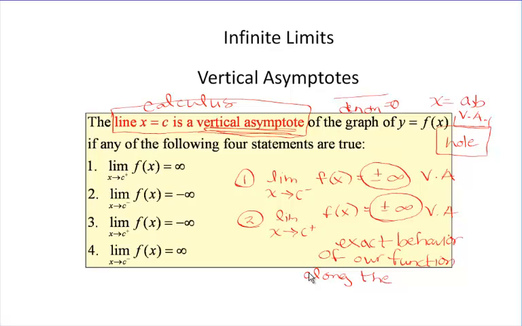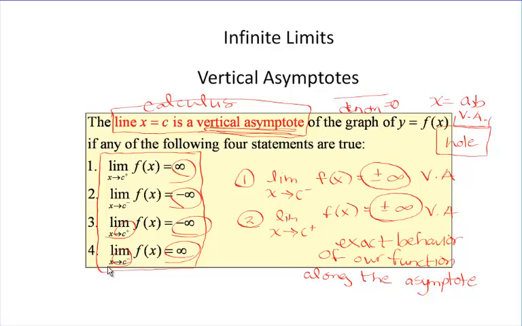We know whether we're going to positive infinity or negative infinity. We know on which side of c we're exhibiting that behavior. So these limits tell us much more than even our algebra work that we brought with us to this class. We know exactly what the outputs of the function are doing near those input values where there's a vertical asymptote.